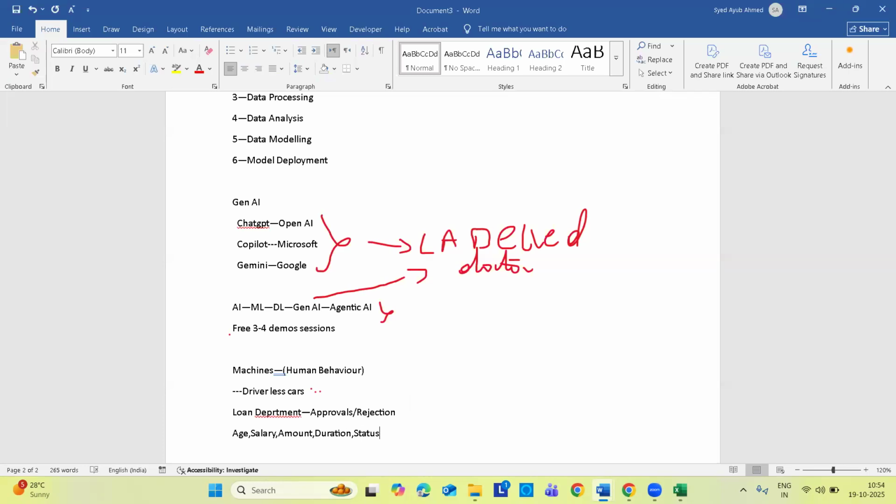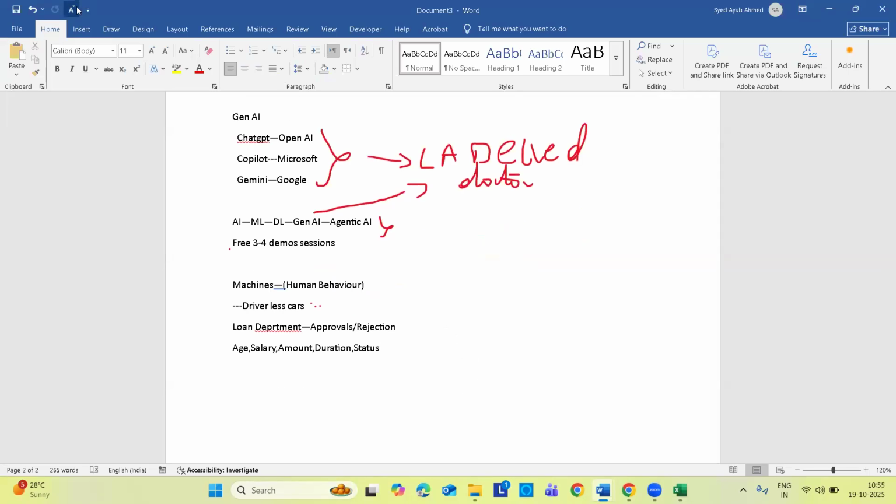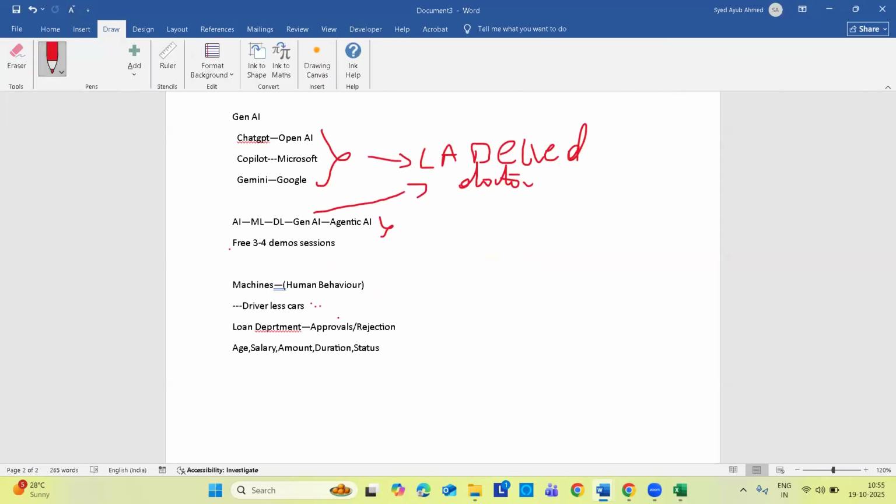That way you'll be able to understand that the system is asking me these details and I have to give them as per the requirements. Based on these findings, your loan will get approved or rejected.